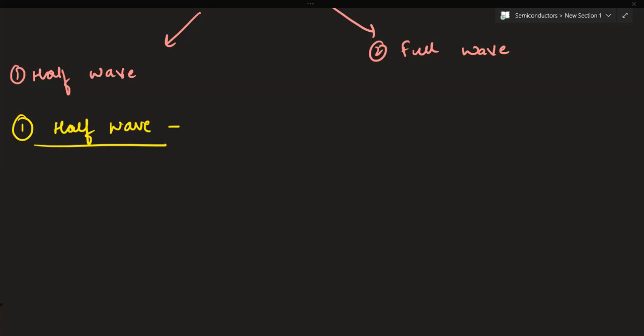The arrangement consists of a step down transformer. Let's say this is the step down transformer. This is the power supply.